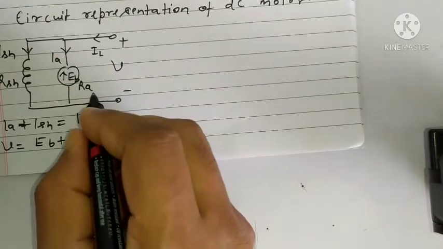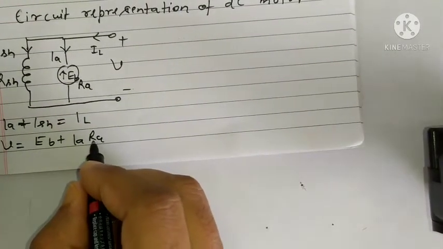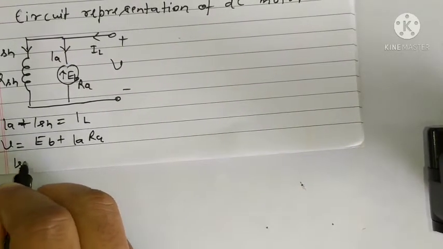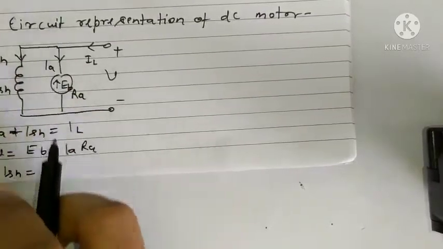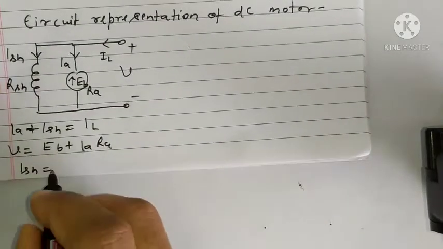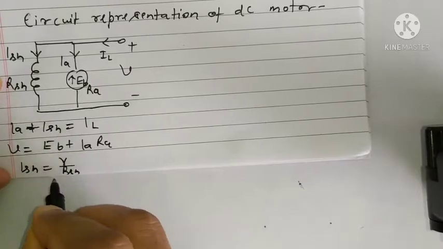If brush drop is neglected, then it will be EB plus IARA, and ISH, current in field winding, will be given by voltage across it, which is V divided by its resistance, so that is V by RSH.